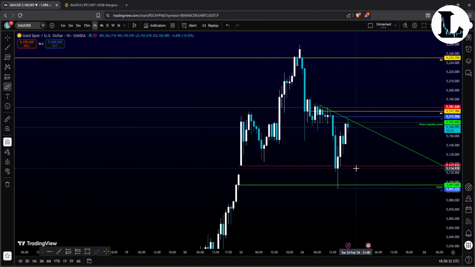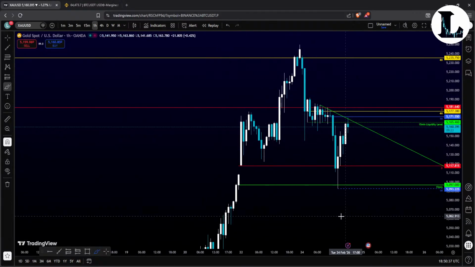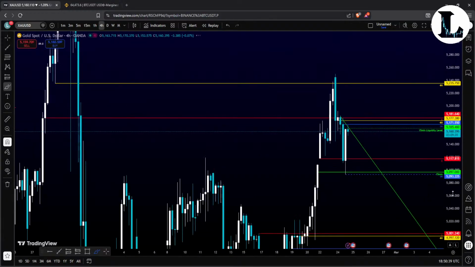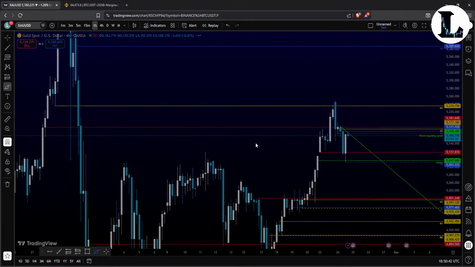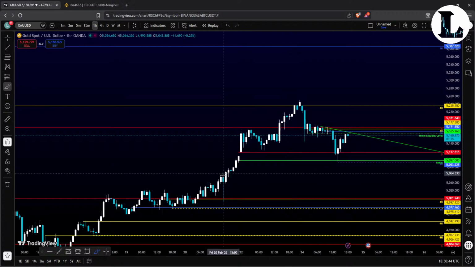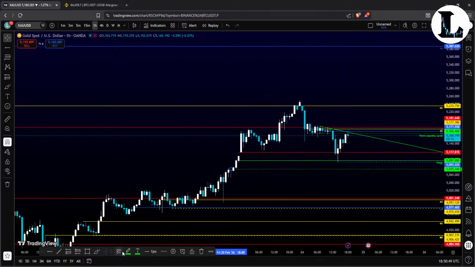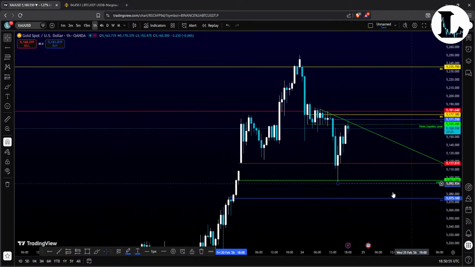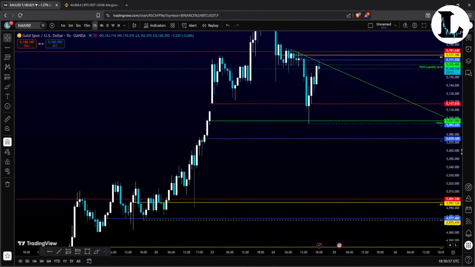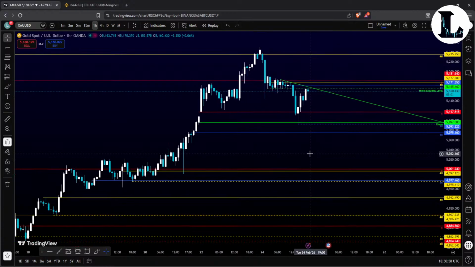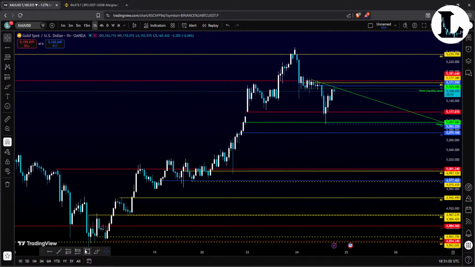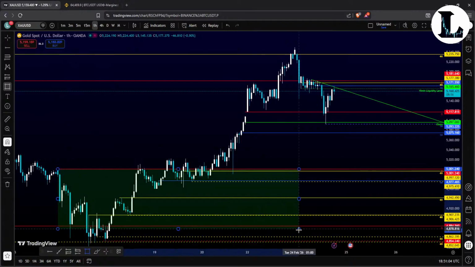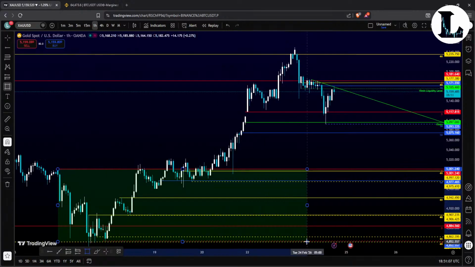So for me, I would say that on this range, and we have a lot of levels here on the 1 hour that can hold the price, like this one here can still hold the price, and maybe create a 4 hour, and hopefully for gold to keep bullish we don't go down to this range, right?